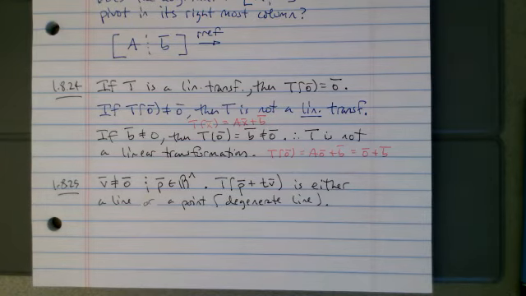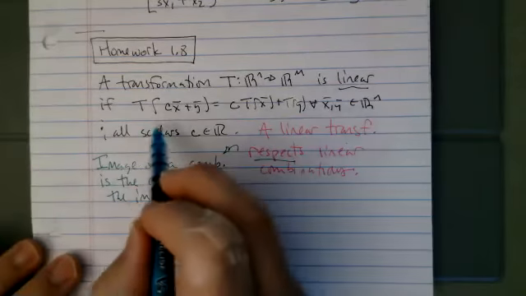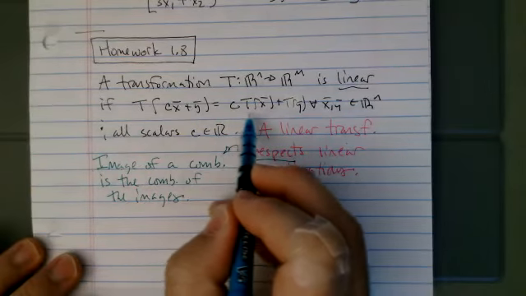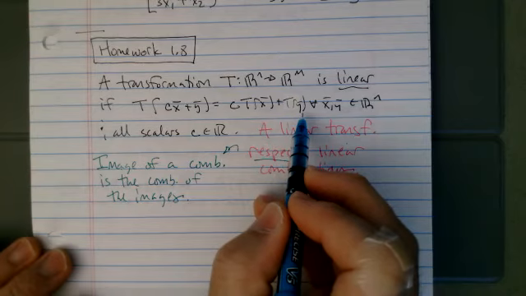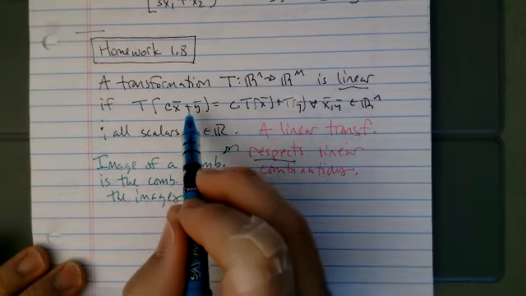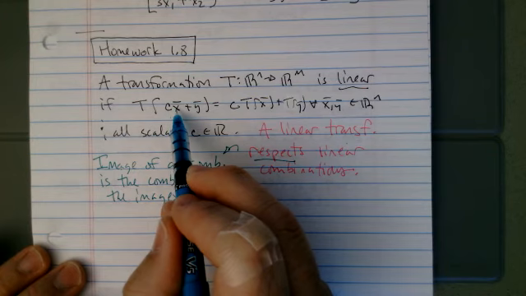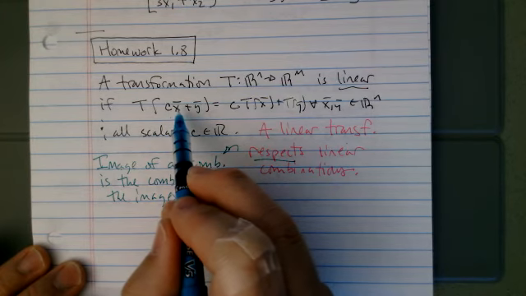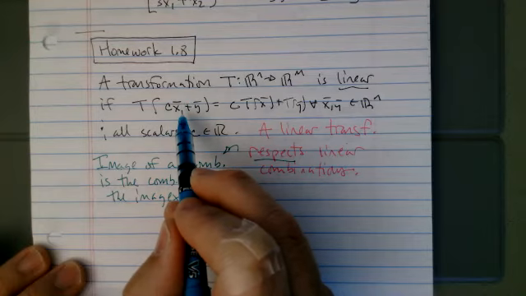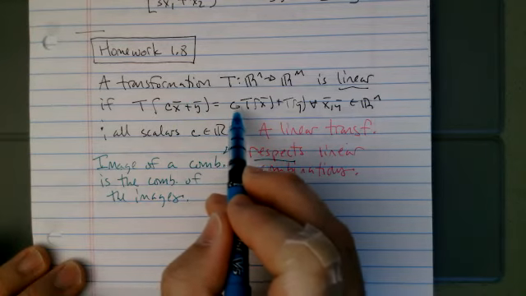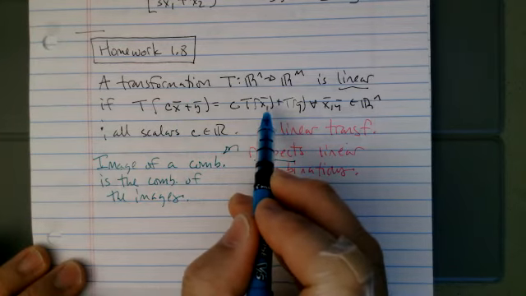A transformation is linear if the image of a combination is that same combination of the images. What that means is that I have to be able to take any vector x, multiply it by 0, and get 0. So T of 0, which is just 0 times any vector, has to be 0 times the image of that vector.